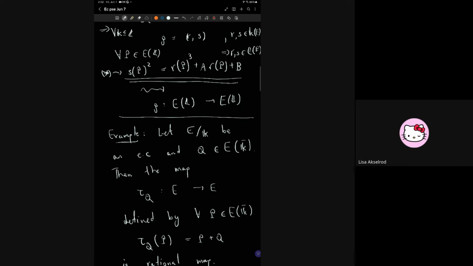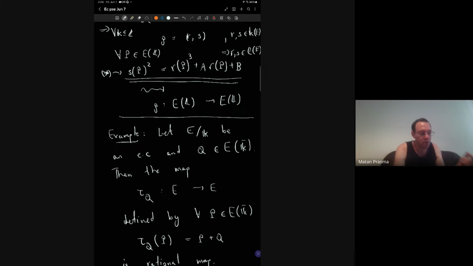So it's a condition that we further require from the rational functions R and S. Hypothetically, and also in practice, you can find rational functions R and S for which there is a point P such that R of P is infinity and S of P is not infinity, and this equation may be satisfied for all other cases.